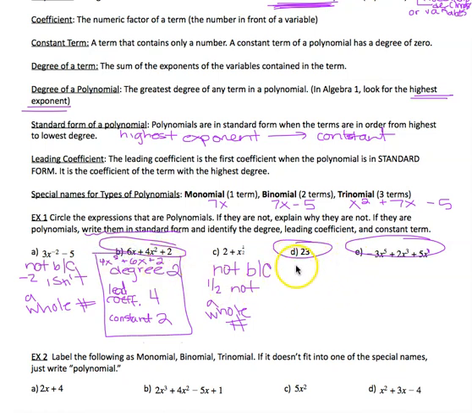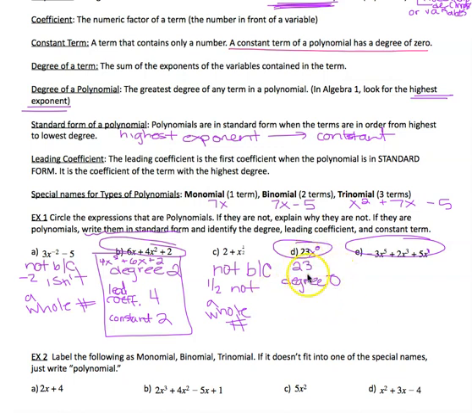For D, standard form is just as is because there's no other terms to arrange. This happens to be a monomial. Its degree is 0. And we know that a couple different ways. One way is that we're told right here that a constant term has a degree of 0. The other way that we know that that's true is because this is like saying 23x to the 0 power.